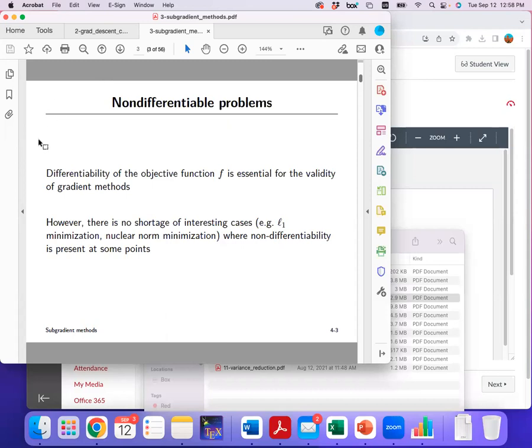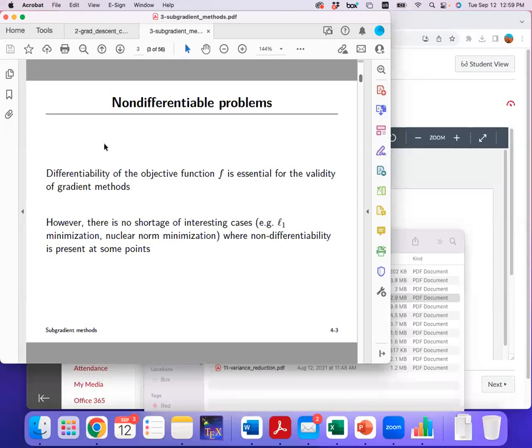In the previous lectures, we talked about gradient descent, projected gradient descent, Frank-Wolfe. Now these algorithms are to solve convex unconstrained problems or convex constrained problems, but they have a requirement. They require that the objective function f is differentiable. Okay, so we always assume that it is differentiable, so we can compute the gradient.